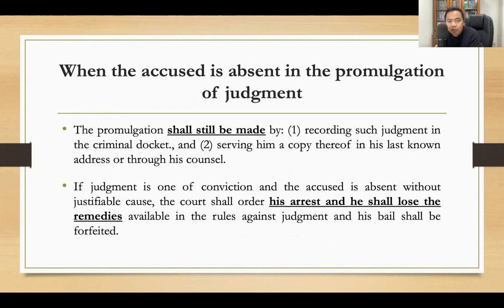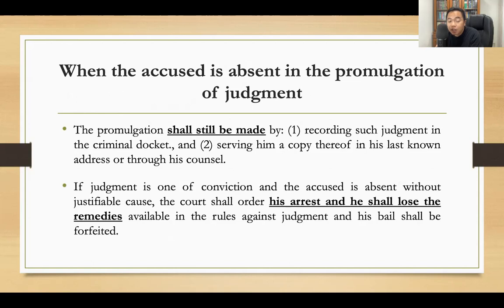Now, when the accused is absent in the promulgation of judgment, still the promulgation can be made by recording such judgment in the criminal docket and serving him a copy thereof at his last known address or through his counsel. If the judgment is one of conviction and the accused is absent without justifiable cause, the court shall order his arrest, he shall lose the remedies available in the rules against the judgment, and his bail shall be forfeited.